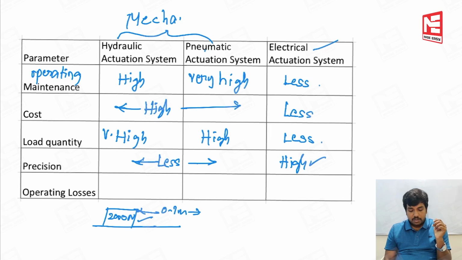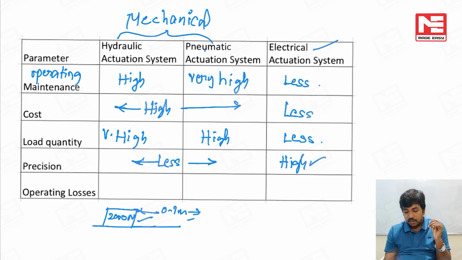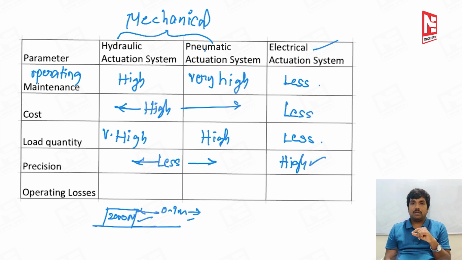And when it comes to operating losses, as I said earlier, because of the friction and the fluctuations in the temperature and all these things, operating losses will be very high here in mechanical actuation systems, but it is actually less in case of electrical actuation systems. Clear? So now by this time you should come to a conclusion which is best.